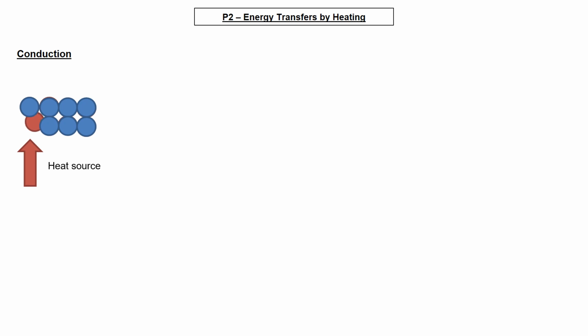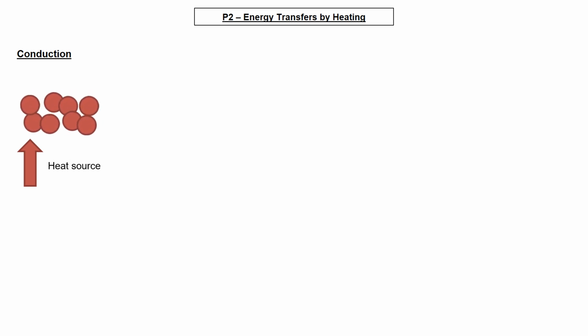It will start to vibrate. It'll start to move around a lot more. Its kinetic energy has increased. Now, as that heat source is still there, that kinetic energy is being passed on to the other atoms next to it. So they now have some additional kinetic energy. They bump into the next ones, and into the next ones, and into the last ones.